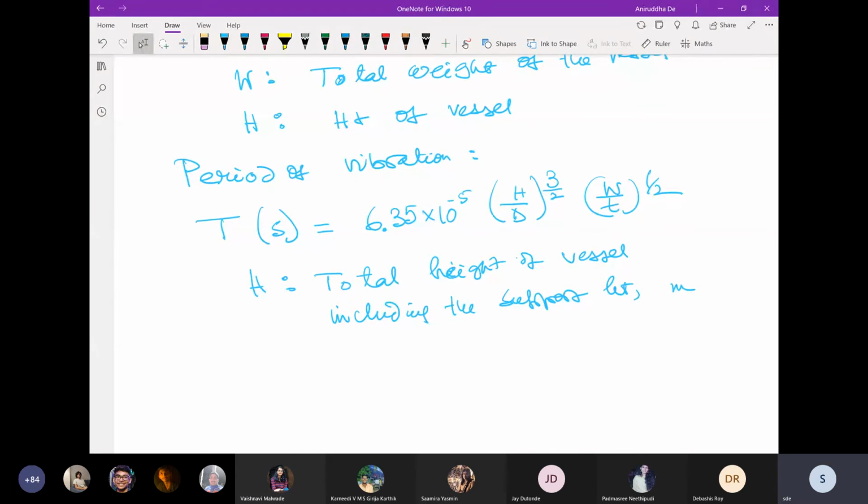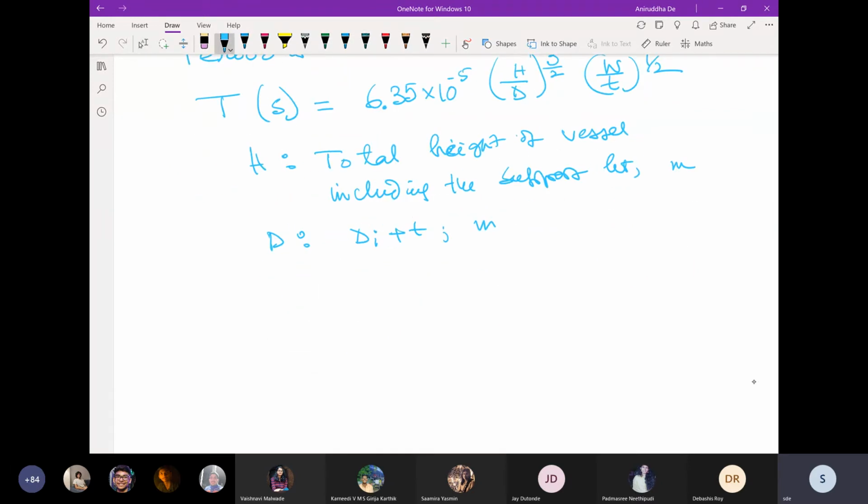So for the time period of vibration, H is the total height of the vessel including the support height, because it's basically standing on the ground. D is di plus t, in meter. T is the thickness, and W is total weight of vessel, in kilonewton.